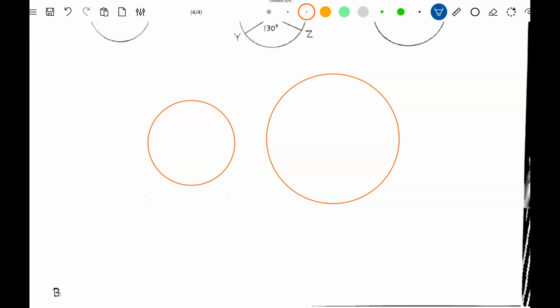So if I was to mark off an angle and measure that angle, it would be the same as if I had this angle over on that circle. The measure of an arc is just how far open the central angle is.